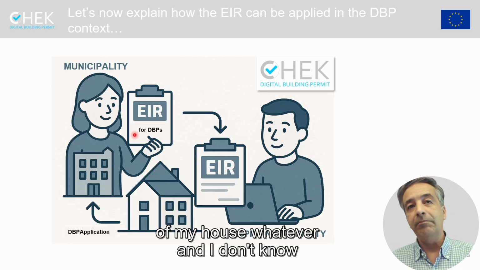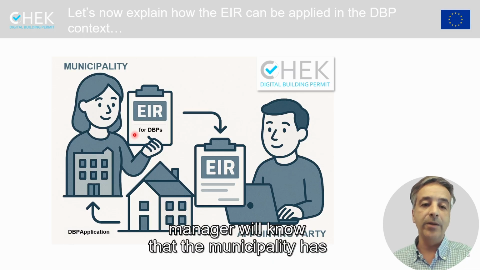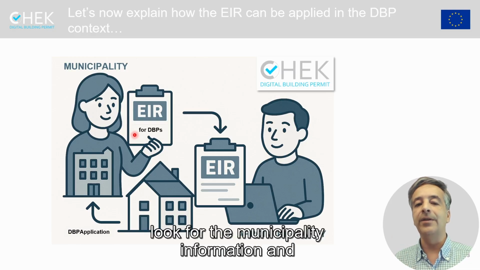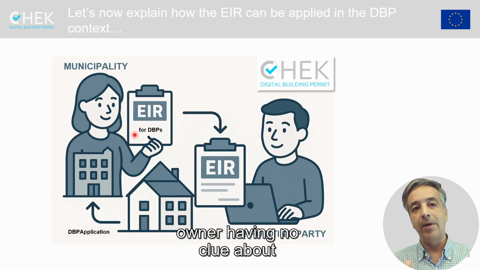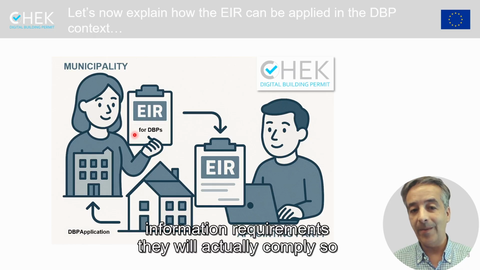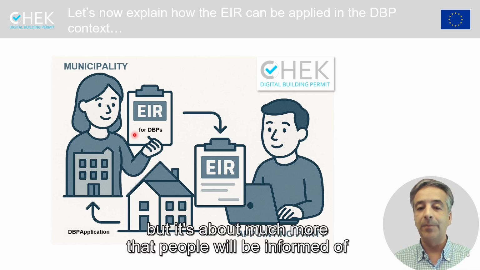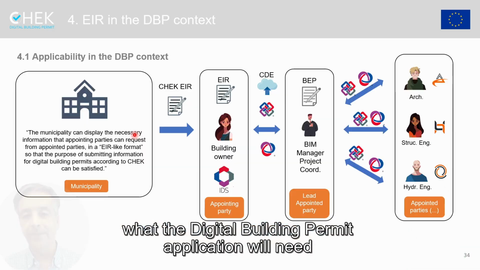And I don't know anything, but the architect or this project manager will know that the municipality has certain EIR requirements. So that person will look for the municipality information and make sure that, regardless of the owner having no clue about information requirements, they will actually comply with them. So it's not only about the picture that we are showing on screen right now, but about much more: that people will be informed of what the digital building permit application will need.